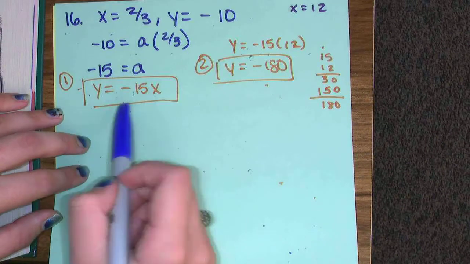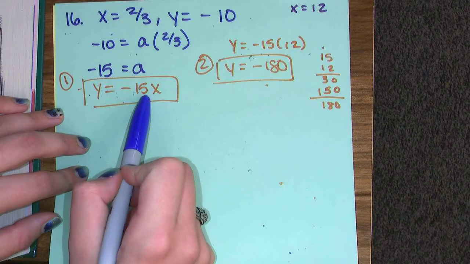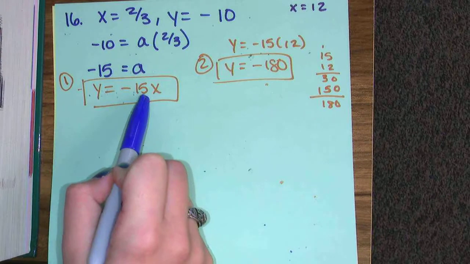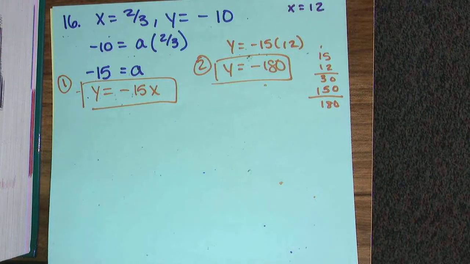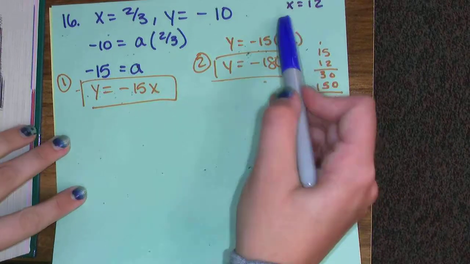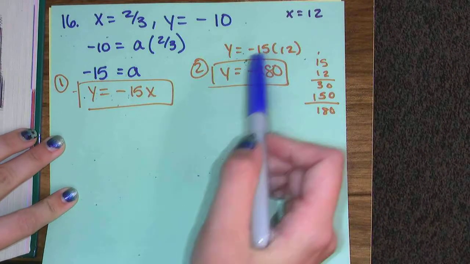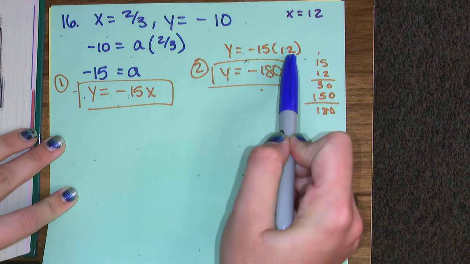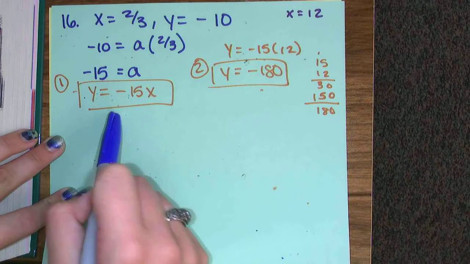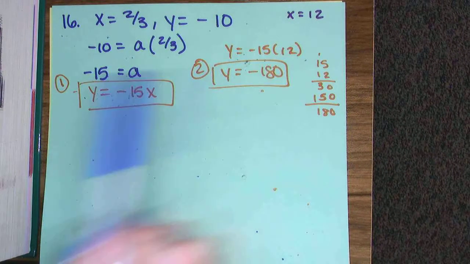Then I plug in that number for a in the equation y is equal to ax. So y is equal to negative 15x. Then I want to know what y is when x is equal to 12. So I plug in 12 for x into this equation, and I get y is equal to negative 180.